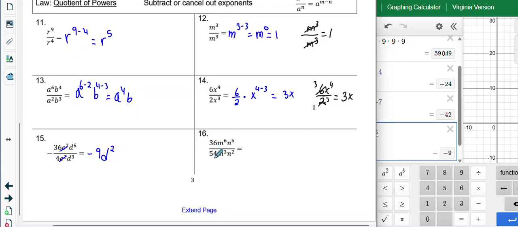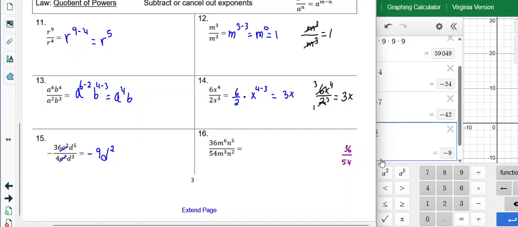Now, 36 divided by 54. Now, here, we have to basically reduce it. So let me just do some work here on the side, and I can also show you an easier way to do this in Desmos. But for now, let me show you how to do it by hand. Okay, we're just reducing a fraction. So you have to think of a common number that goes into 36 and 54.